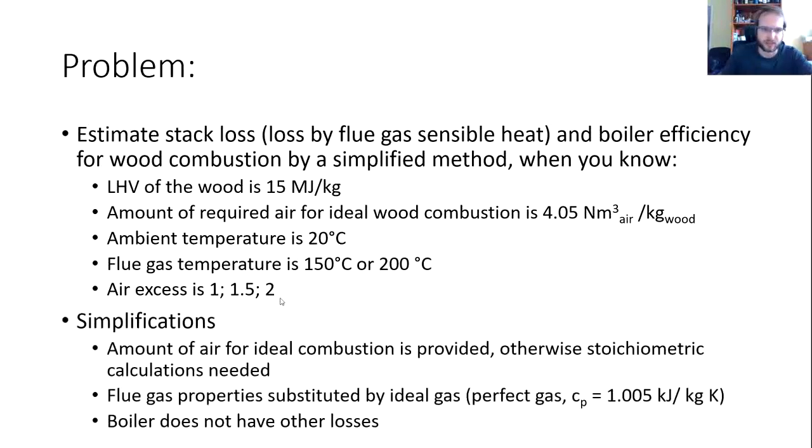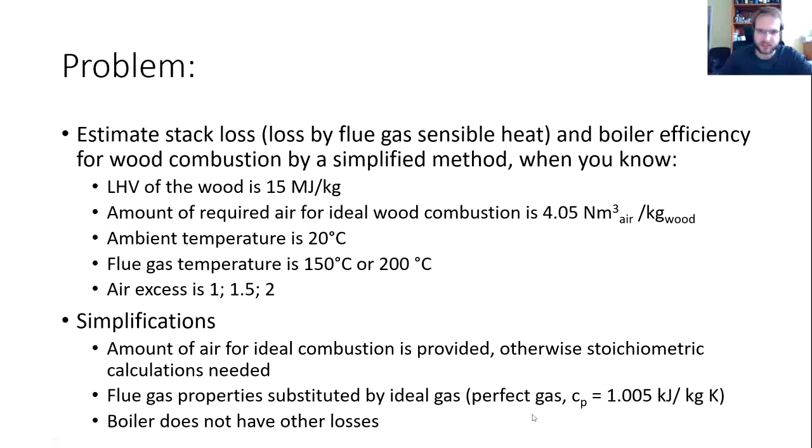The simplifications we are talking about are the following. We are provided with the amount of air for ideal combustion. Otherwise, you would need to know the composition of the wood and perform stoichiometric calculations, to which we will probably get in some other tutorial. Also, the flue gas properties will be substituted by ideal gas, and not just ideal gas but even perfect gas. The ideal gas is a model that follows the ideal gas equation.